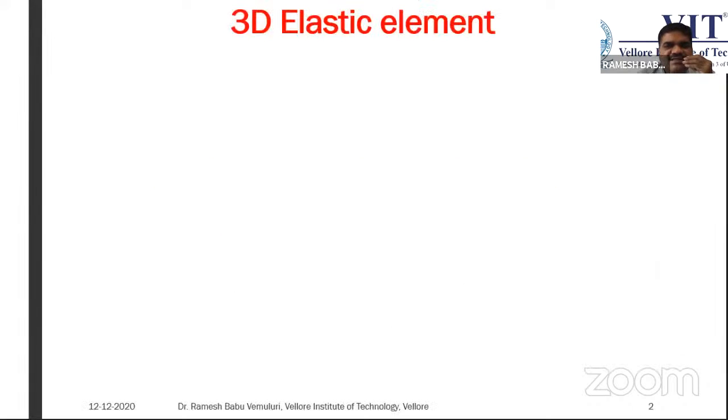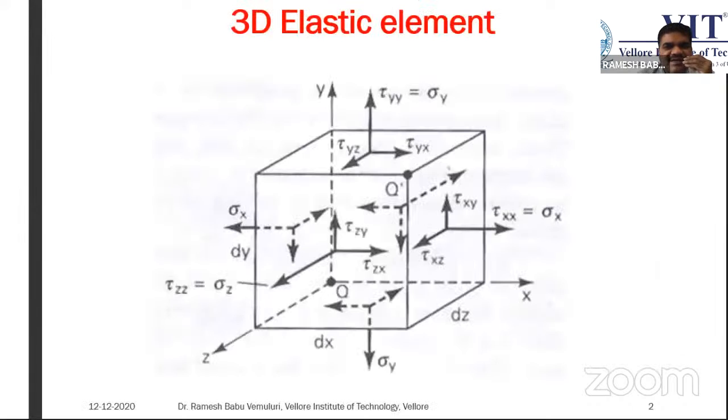As we already saw, this is a 3D elastic element. There are 6 faces, and each opposite face is subjected to the same amount of stress but in the opposite direction. So we have the x-axis, y-axis, z-axis, with the x-axis perpendicular to this plane, and the y-axis and z-axis perpendicular planes.